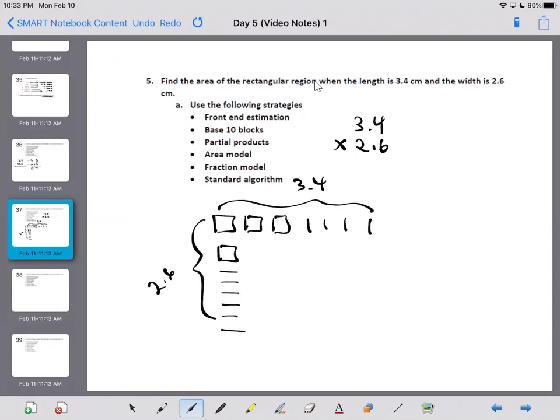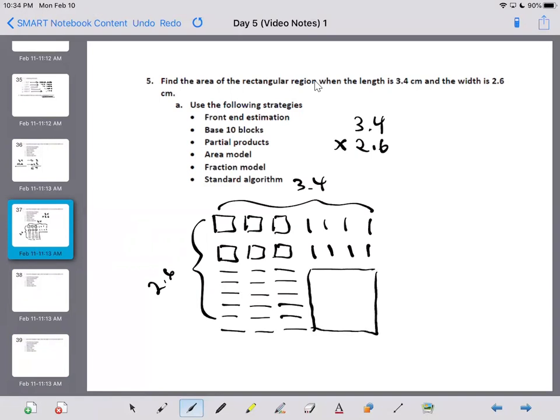And so what are we going to do? Well, we're going to fill in with the flats and the rods. And then we'll notice that this rectangle here would be a 6 by 4.